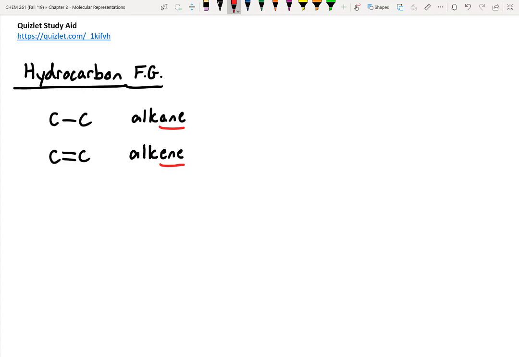So we need to be very careful with the suffixes that we use. All right, and then the last one we've got here is carbon-carbon triple bond. This would be an alkyne. So like I said, the prefix alk is used for a hydrocarbon. In this case, it's a hydrocarbon containing a triple bond, so we need to use the Y-N-E suffix.